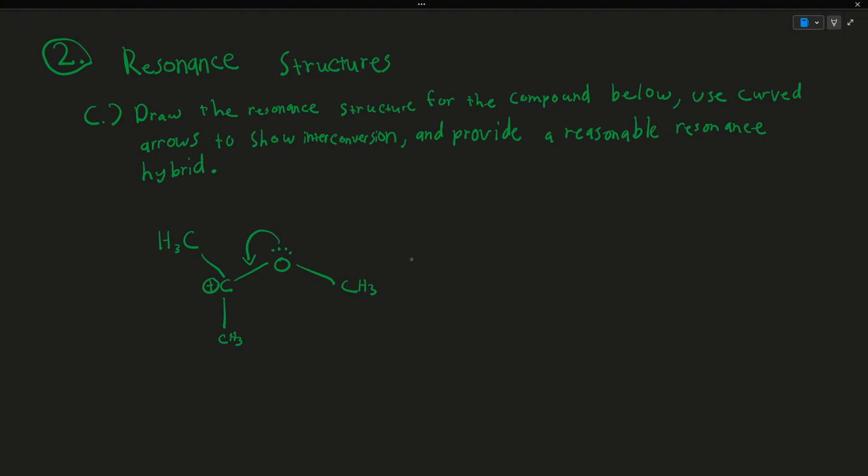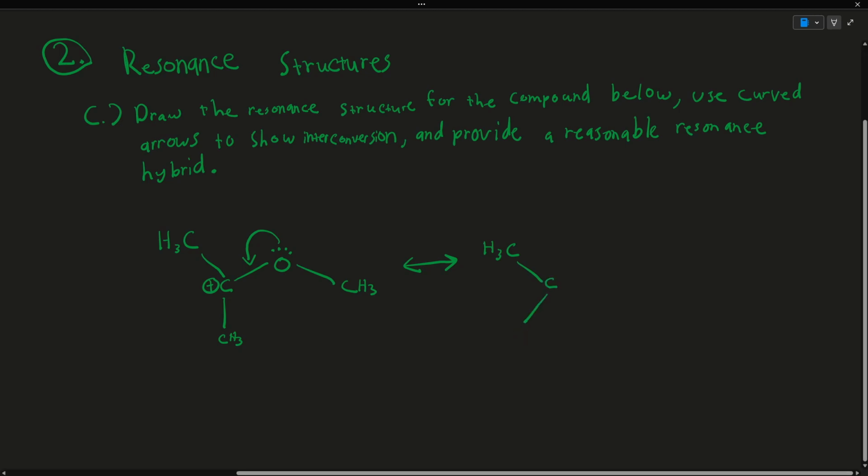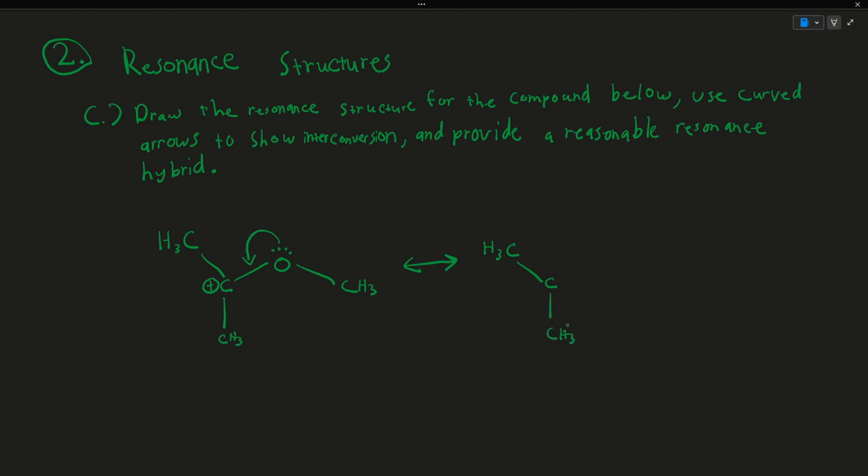Now what we get is a resonance structure like this. Draw the arrow showing resonance. Then we have this. So all we're doing is just moving electrons. We're not actually moving any of the atoms around, because that would give us isomers.